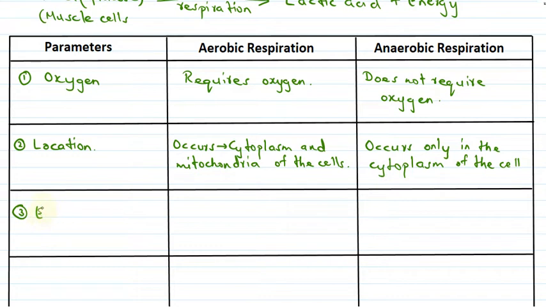Then third parameter is energy. So here more energy is released, and this energy is released in the form of ATP molecules, that is adenosine triphosphate molecules.